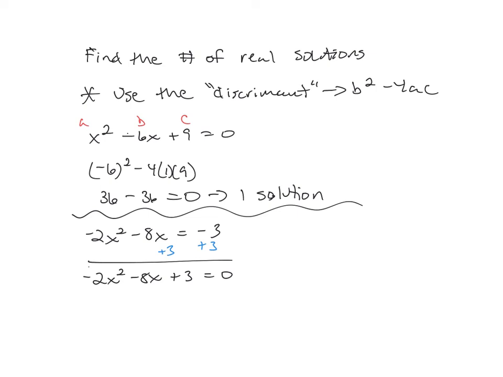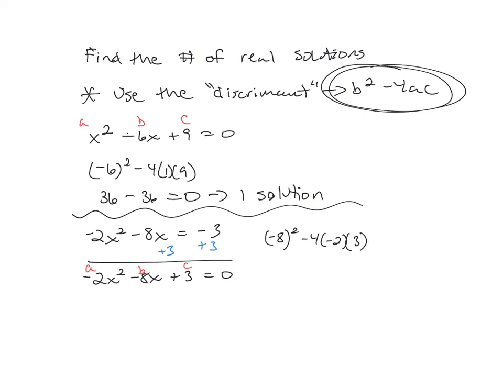So now I can say, well, the A is -2, the B is -8, and the C is +3. So when I plug it in, B squared minus 4AC. Okay, so B squared, -8 squared minus 4, A is -2, C is 3.